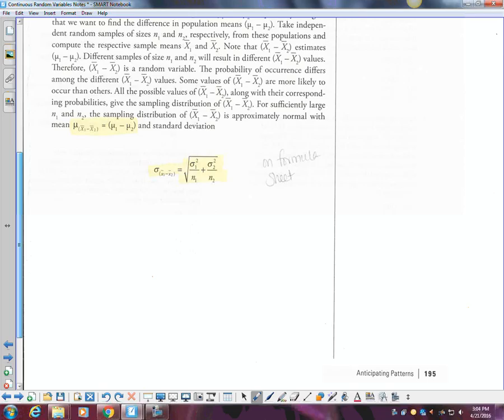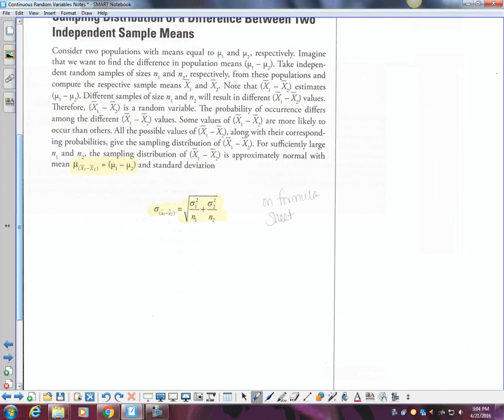Okay, all right. What is that? It's a 2-sample mean and a 2-sample standard deviation. So for the 2-sample mean, this is the difference between two means, I just subtract the two population means. But for my standard deviation, does this make sense now?